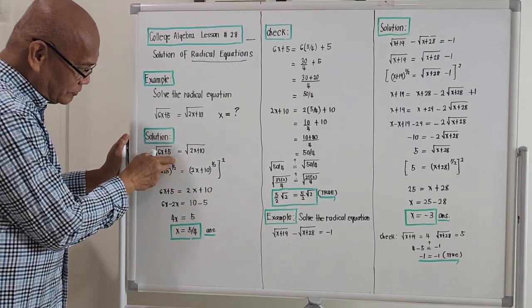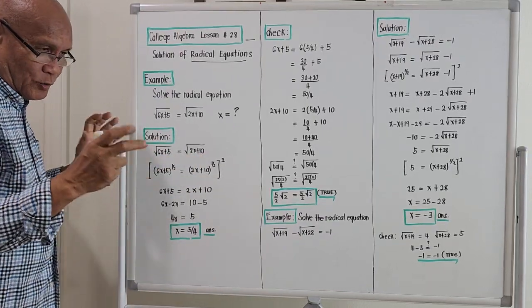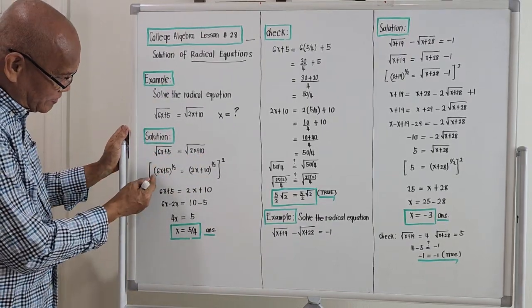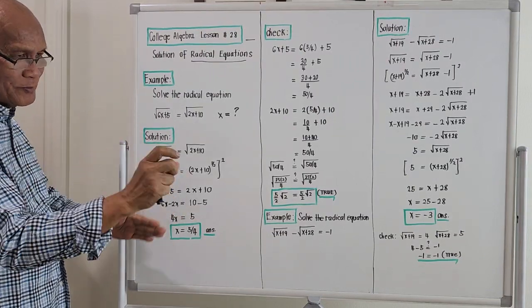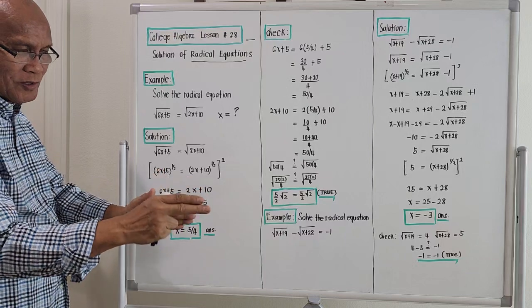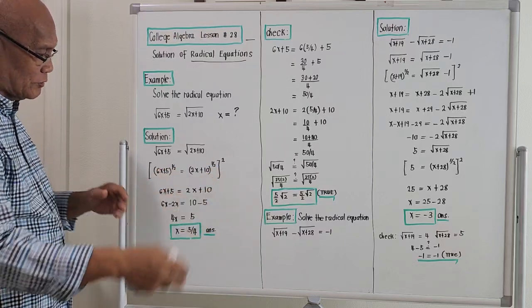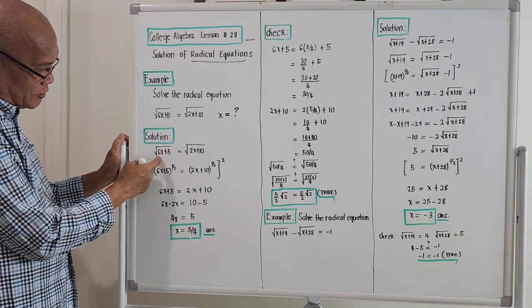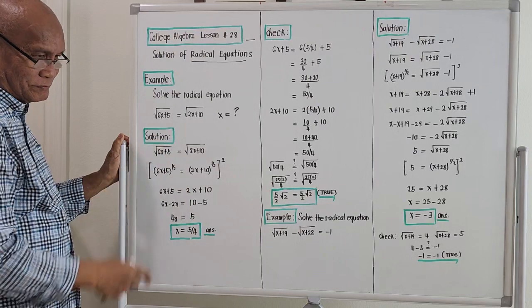This is a square root, and this is a square root. If we change the form of this, we eliminate for the meantime the radical sign and use exponential representation. The square root of 6x plus 5 can be written as 6x plus 5 raised to 1/2.